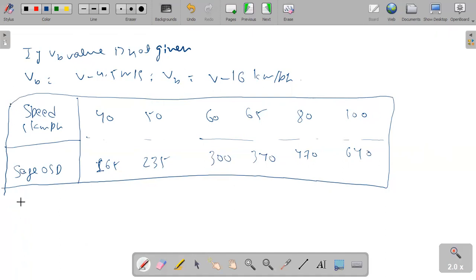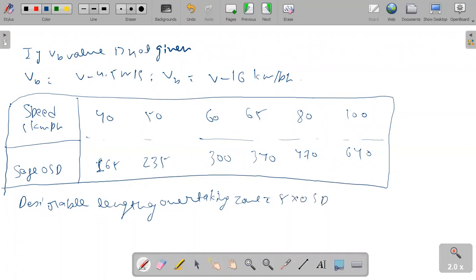The desirable length of overtaking zone is equal to 5 into OSD, and the minimum length of overtaking zone is equal to 3 into OSD.